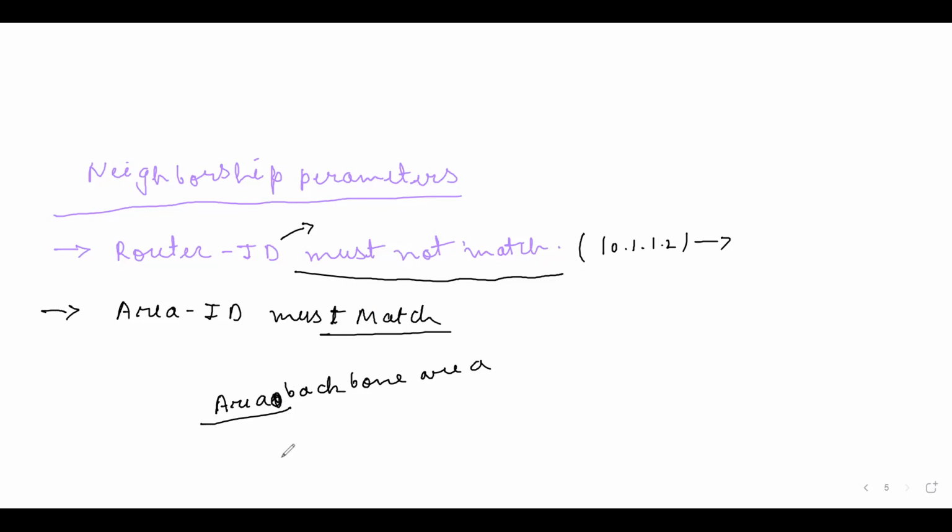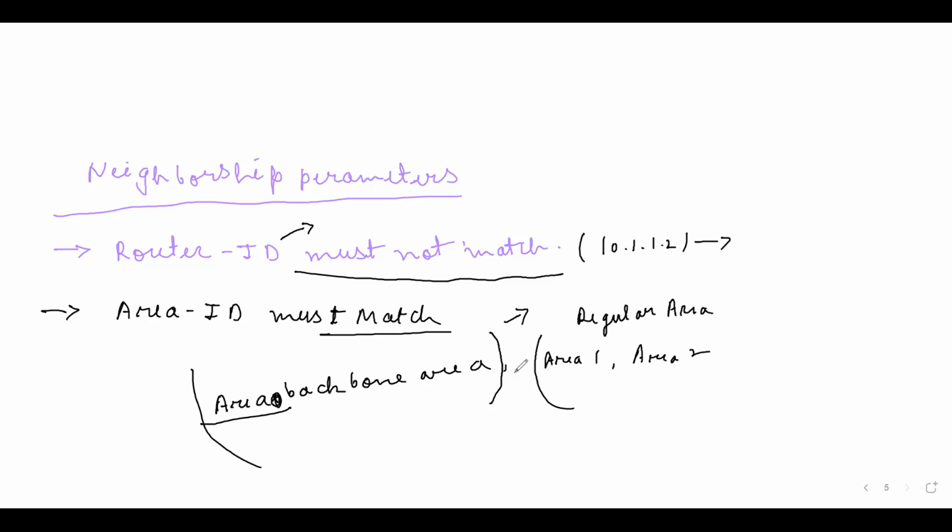There are a lot of areas in OSPF: area 1, area 2, area 3, a lot of areas. We call this kind of area a regular area. Only area 0 is my backbone area. Other areas will count as regular areas.